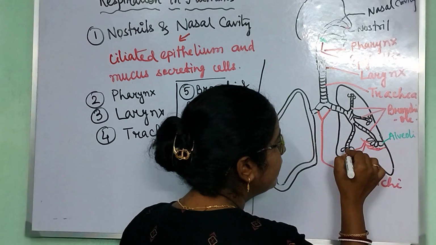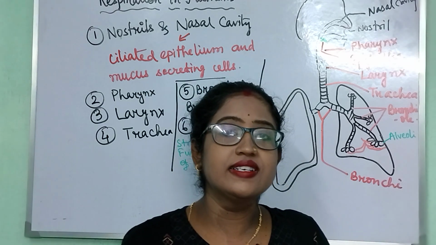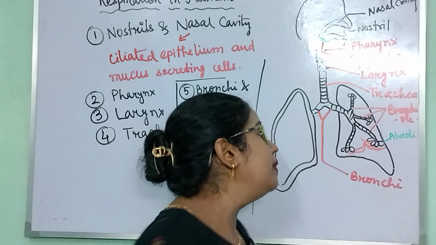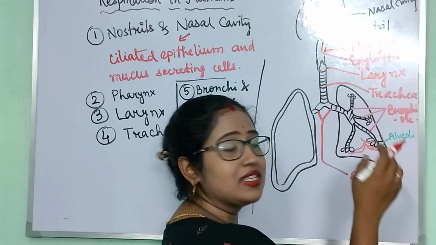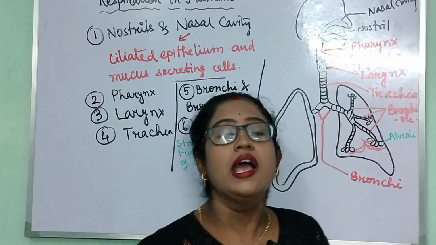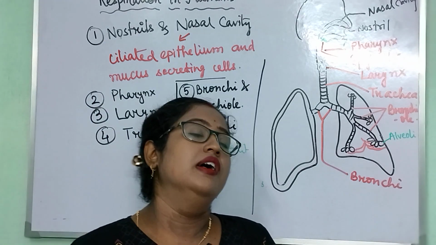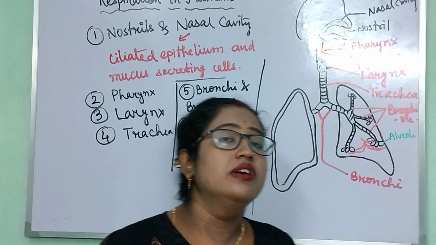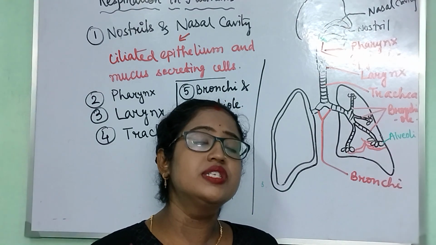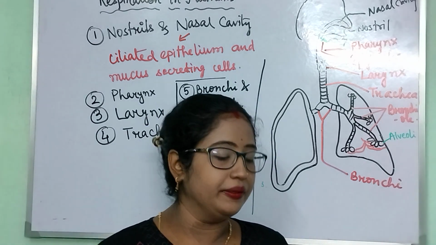When oxygen enters the alveoli, it diffuses into the nearby blood capillary, and the hemoglobin in the blood carries the oxygen. First, the oxygen-rich blood is carried to the heart, and then the heart pumps the blood to our whole body.